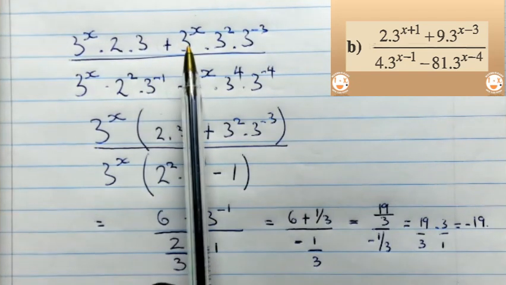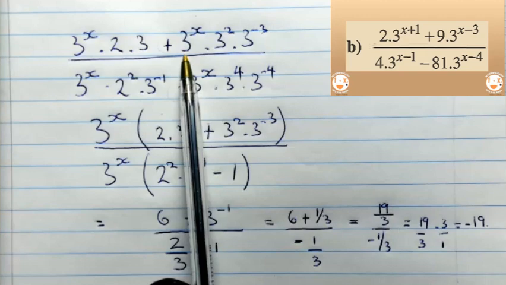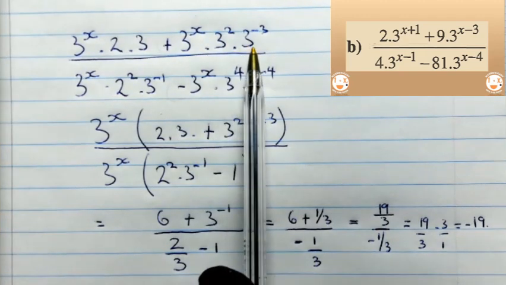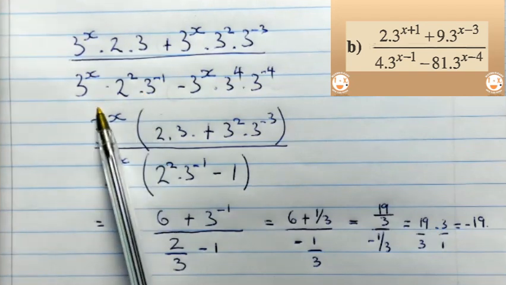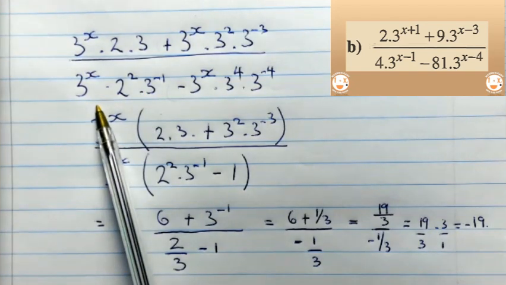Then you say, this is my 3 to the x, and then you say 3 squared, you say 3 to the negative 3, sorted, okay? This is the 3x from the first one at the bottom. Then what do I have? I have a 4, isn't it?